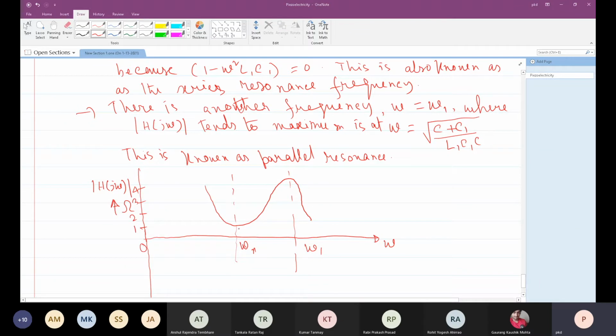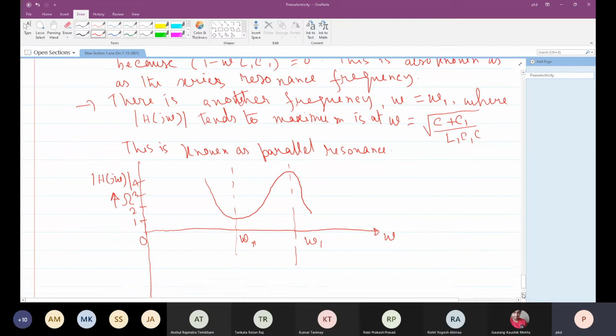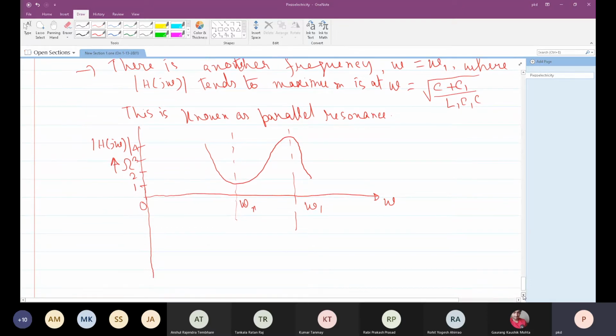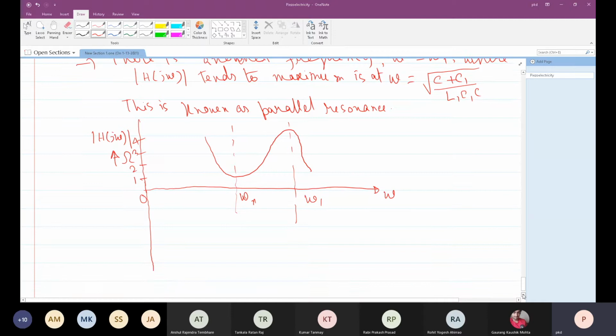So therefore, this becomes minimum, purely resistive. And at parallel resonance, it becomes maximum. That is, admittance becomes minimum in parallel resonance.